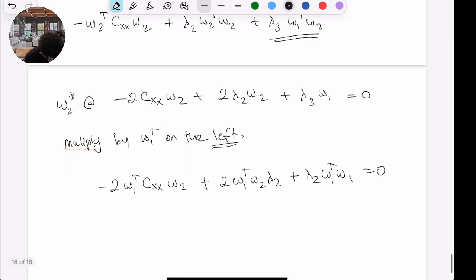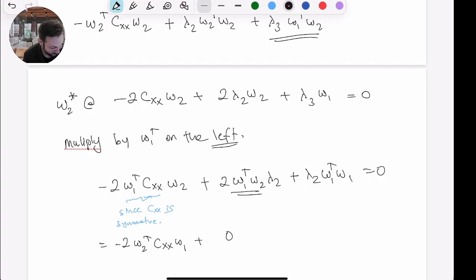Okay, and since CXX is symmetric, I know that this is the transpose of CXX transpose W1, and I have the W2. So this term I can write as negative 2 W2 transpose CXX W1 plus W1 transpose W2, which becomes 0, right?